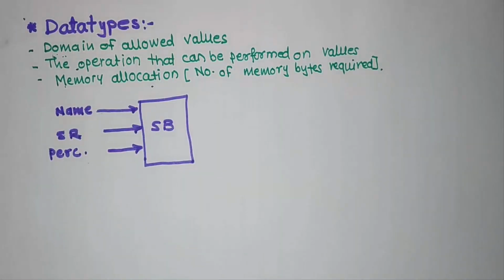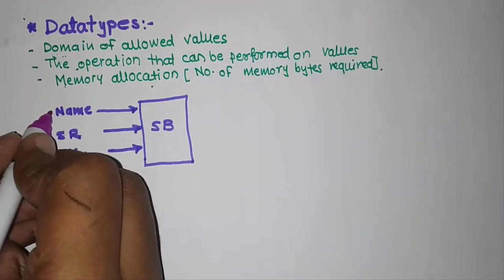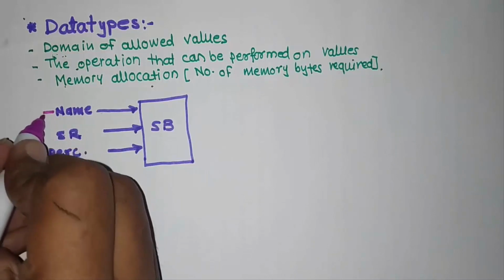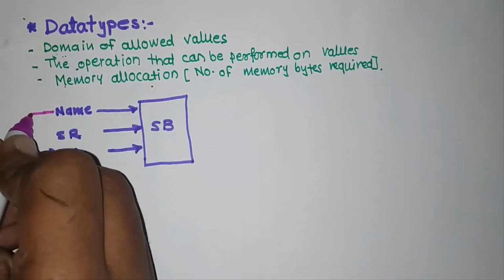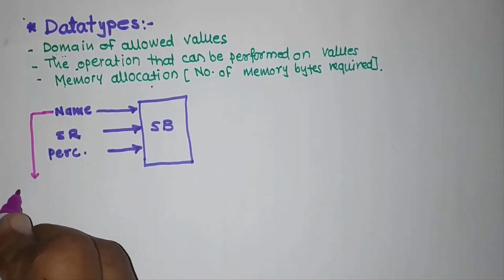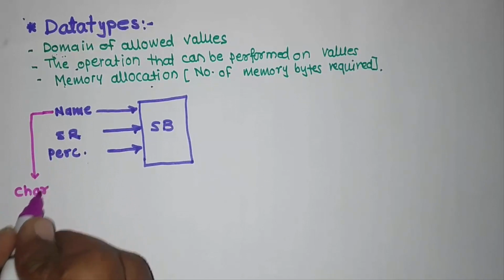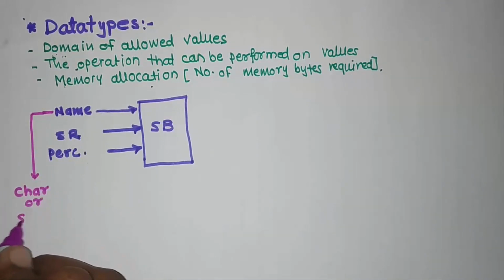So when we talk about the domain associated with each of these input entities, the domain for the name is a character or simply a string.